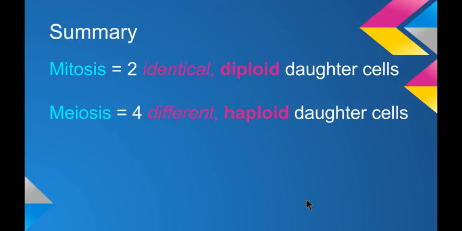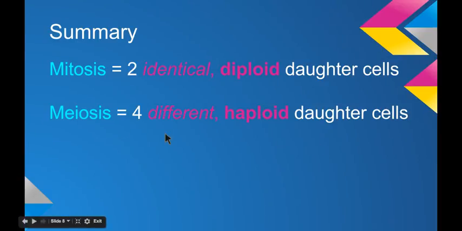So a quick summary. Mitosis produces 2 identical diploid daughter cells. Mitosis, like mitosis. Your toes are part of your body. Mitosis produces body cells. You get 2 identical diploid daughter cells. Meiosis, I like to say, because you and me came from meiosis, produces 4 different haploid daughter cells.